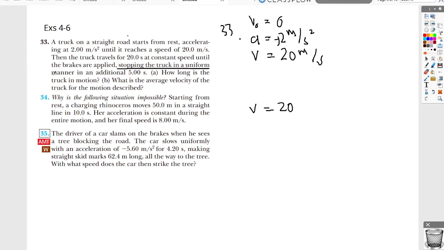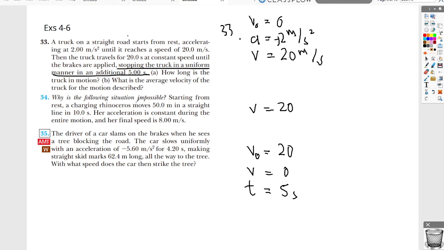So the stopping motion would be a second equation now. So v naught this time will be the 20 meters per second. V will be 0. And our acceleration, we don't know yet. Our time is 5 seconds. So these are 3 separate scenarios. How long is the truck in motion?